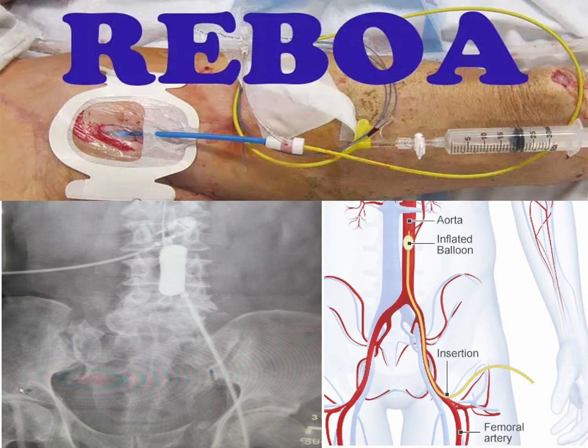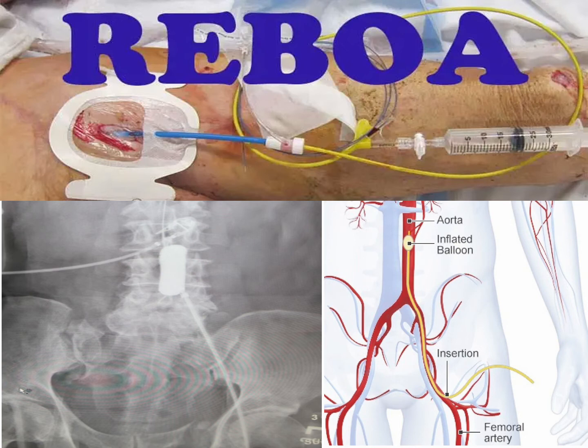So it's a Seldinger technique that goes up through the femoral artery, and they place this big long balloon-like catheter that goes up into the aorta, and they're going to put it up above the renal arteries, hopefully above the rupture, and then they actually inflate a balloon in there.